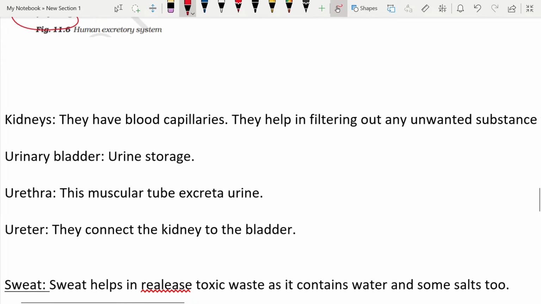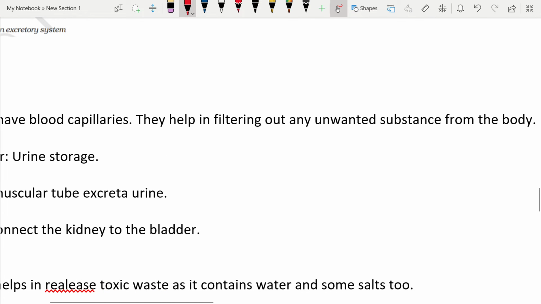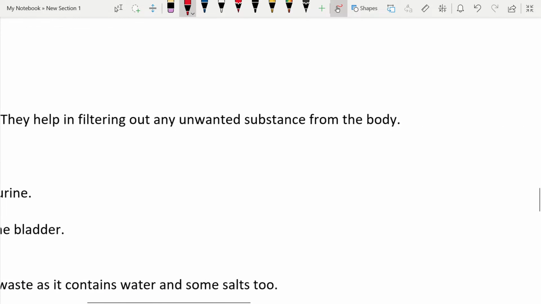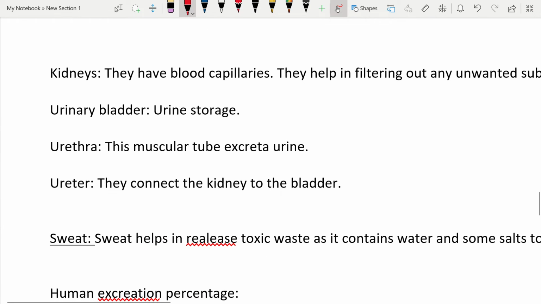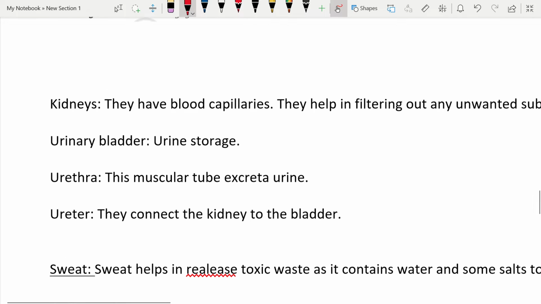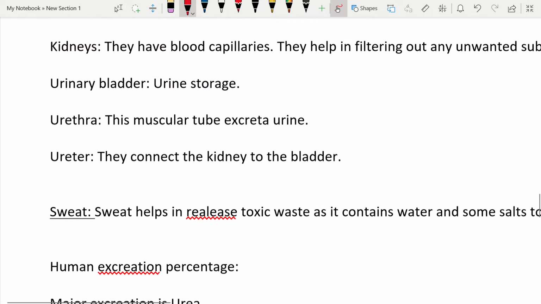Kidneys have blood capillaries, which are the smaller blood vessels. They help in filtering out any unwanted substance from the body. Urinary bladder is urine storage, basically. Urethra is basically the smaller part of the bladder.